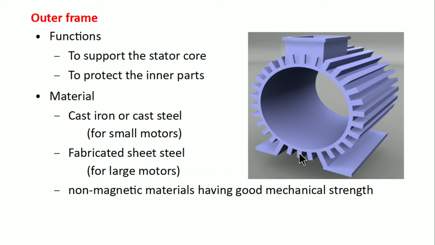Cast iron is used owing to its higher mechanical strength, not due to the reason that it is a magnetic material, because magnetic flux is not conducted through the stator frame in case of three-phase motors. So we can make the stator frame from a non-magnetic material, for example glass, etc., if it possesses the required mechanical strength.